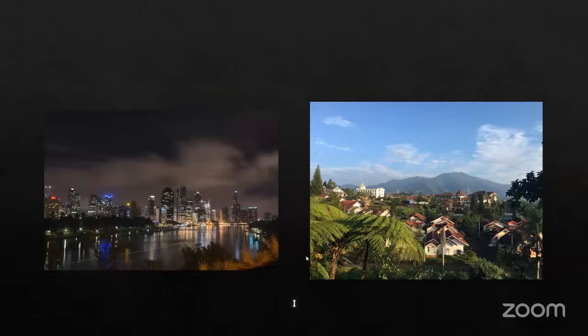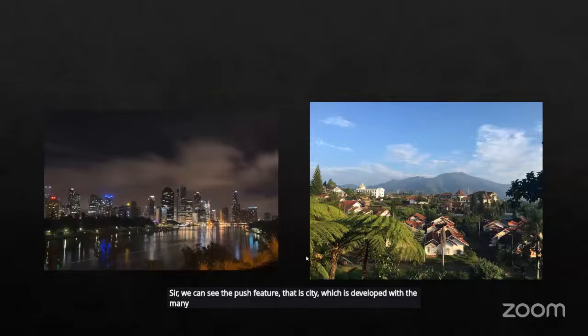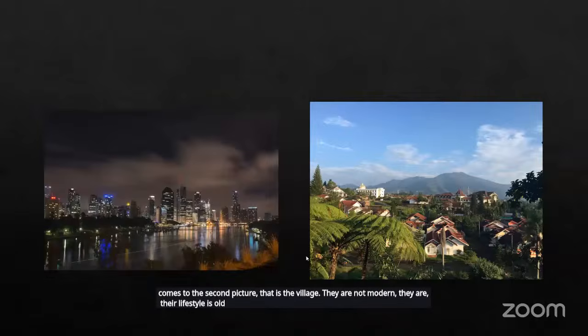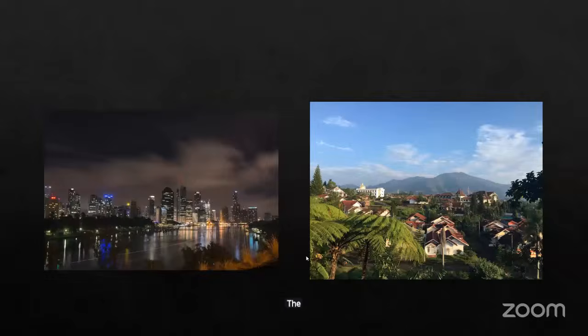I think we can see the first picture, that is a city, which is developed with many tall buildings and many electrical vehicles, and most of the people living with modern technology. When we come to the second picture, that is the village, they are not modern; their lifestyle is old. But compared to the first picture, the second picture's sky is very clear.